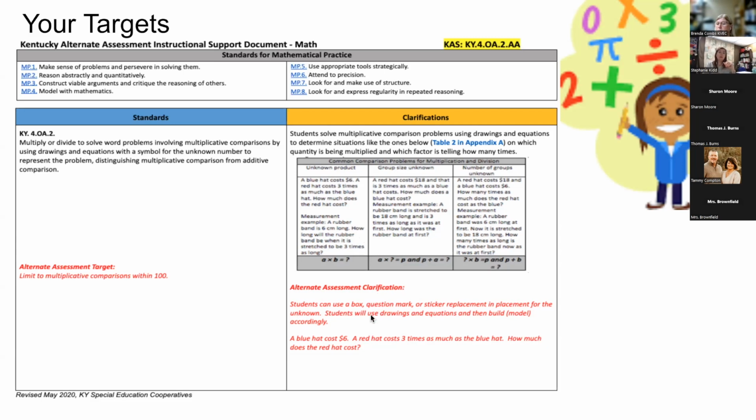I like to start these out on a bigger sheet of paper. I write the problem down, and instead of the question mark being there, I put a sticky pad. So they have a little sticky note here, and it's like, what would go there in place of it? Sometimes I put the whole answer out.